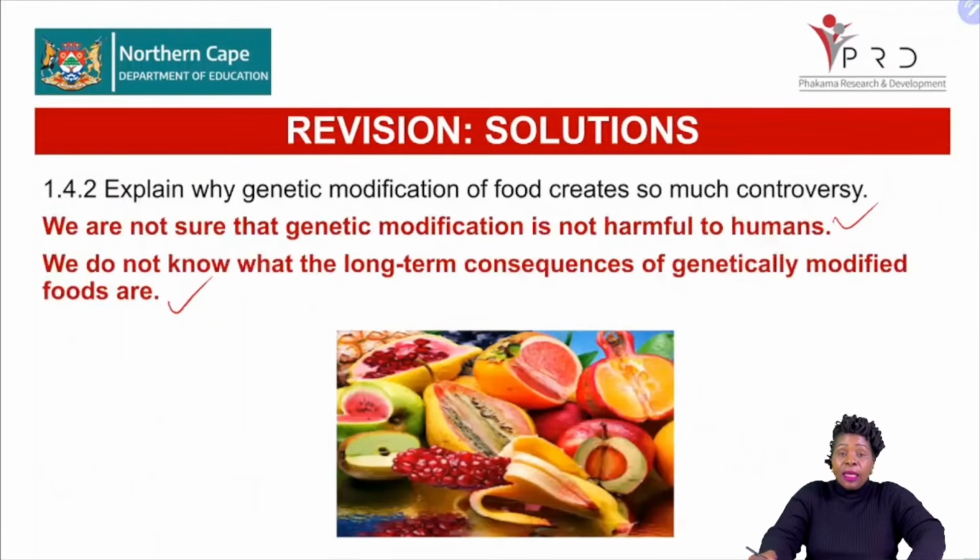And again, it is a bit unethical for genetic modification, that is, for animals that grow a little faster than what they are supposed to. Right? So I hope we understand what genetic modification is. This is when we take the DNA of one animal and put it onto another animal. So we tamper with the genes of the animals.